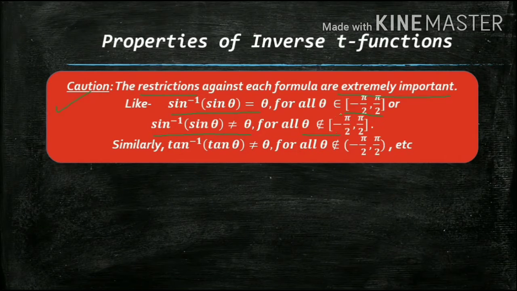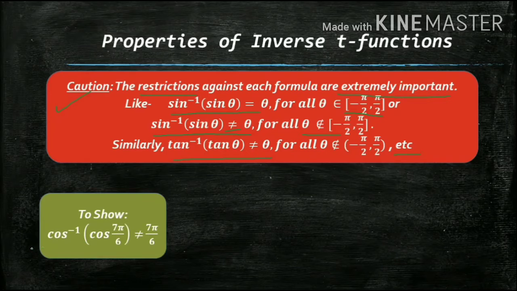So if theta does not lie in this interval, then this is not equal. Right? Similarly for tan as well, and similarly for the rest. I have not written all, but this is true for all. Restrictions are very very important. You can't say for any arbitrary interval that this property holds.